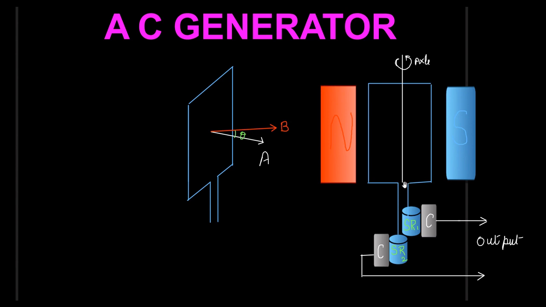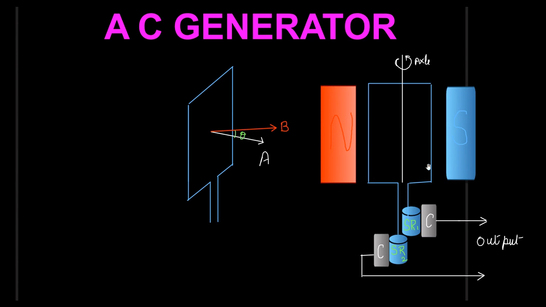Now, how does it work? The armature coil is rotated about this axle by means of a rotor. When the armature coil rotates, the magnetic flux linked with the coil varies.